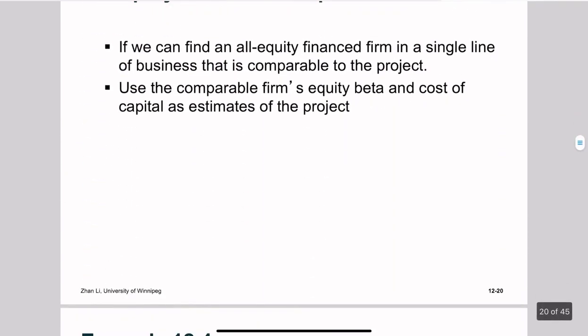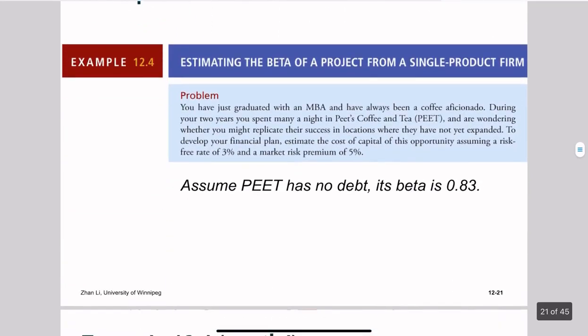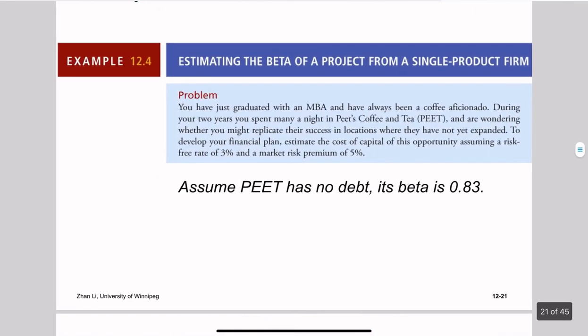Okay, let's finish this class with this example. So let's say you want to start a coffee chain or a coffee firm, right?